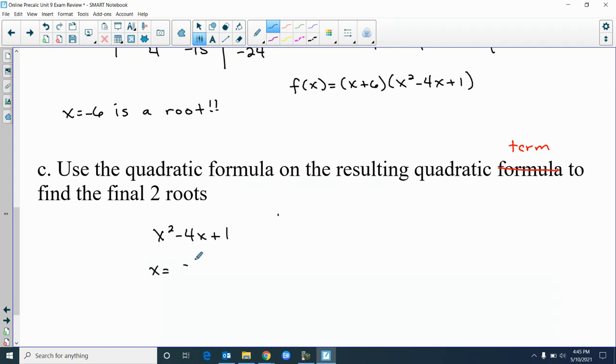Quadratic root formula is x equals -b plus or minus the square root b squared minus 4ac all over 2a.